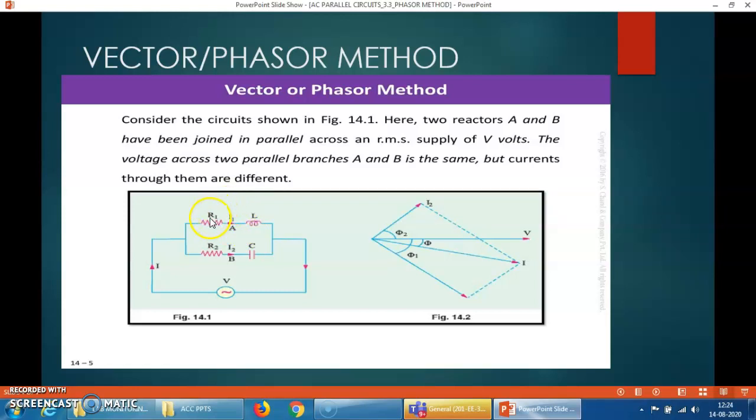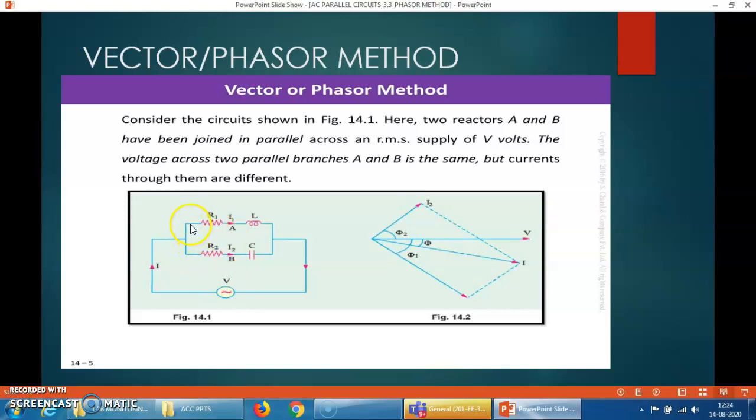Here an inductor is in series with the resistor. So in an RL series circuit, your current I1 flowing through R and L lags behind the voltage V, the voltage across this branch, which is the supplied voltage. So I1 lags behind the voltage V by an angle phi 1.